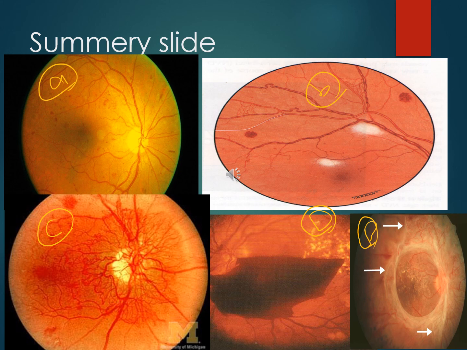Regarding the B photo, there is pre-proliferative diabetic retinopathy, with vascular changes, beaded veins, sausage-like changes, and cotton wool spots. In pre-proliferative diabetic retinopathy, the patient should be watched closely for the risk of development of proliferative diabetic retinopathy.